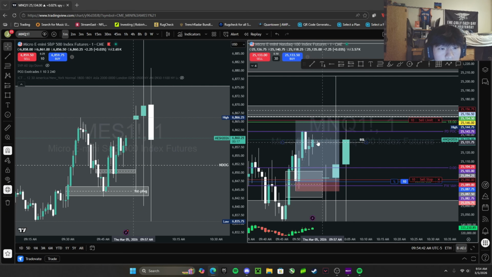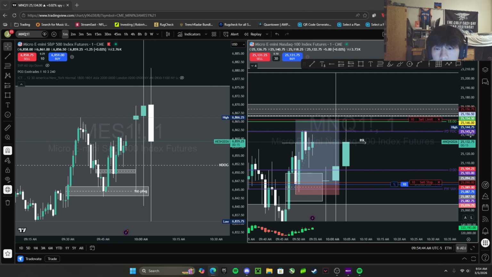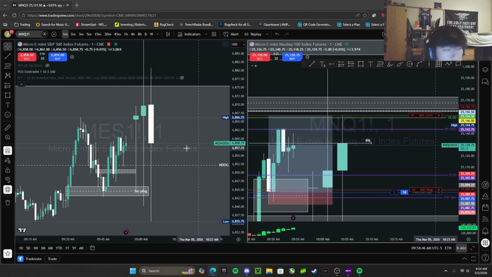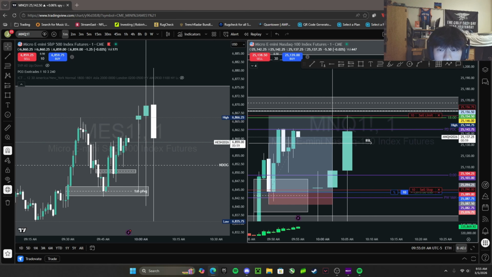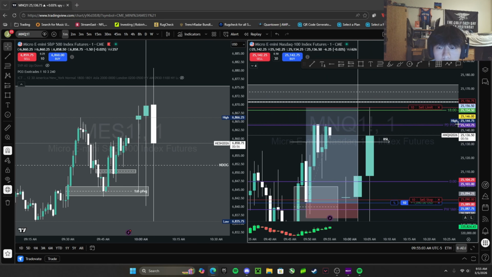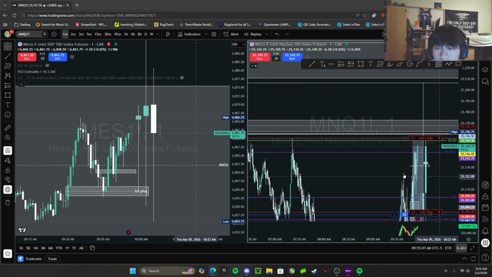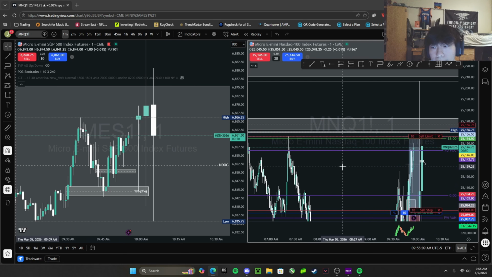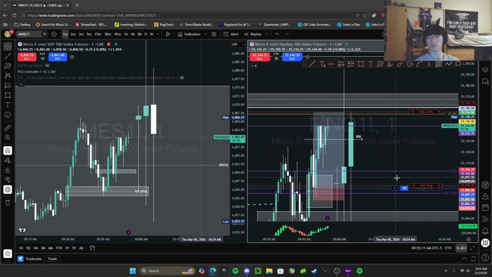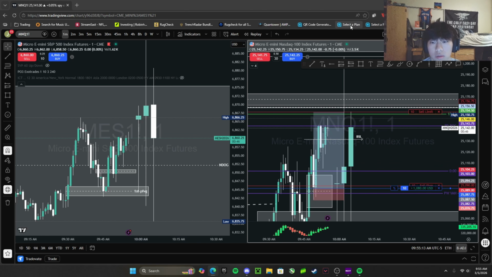Alright, we do have a mini SMT right here that I need to see NQ break. Let's see if it'll break through. Perfect. Now we just wait for it to smash TP.